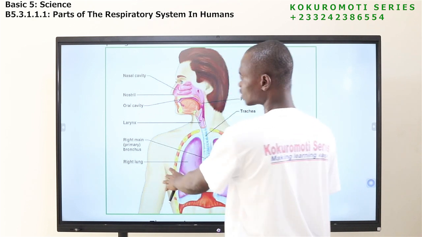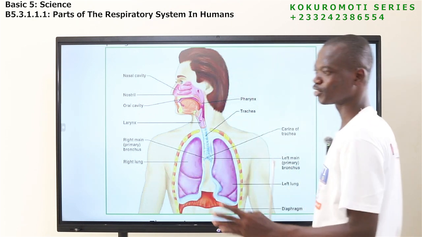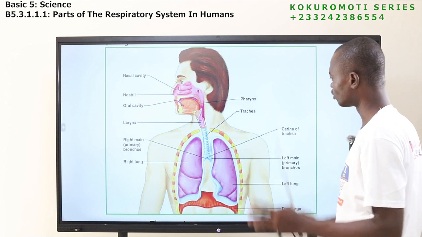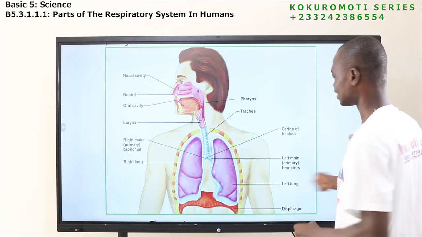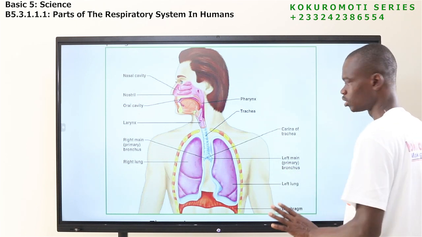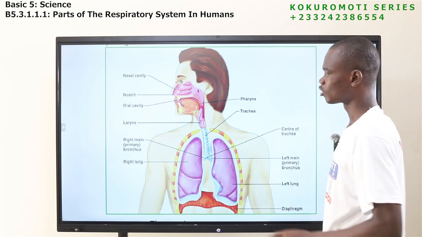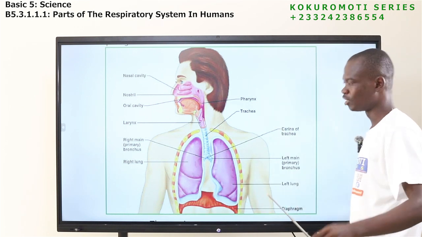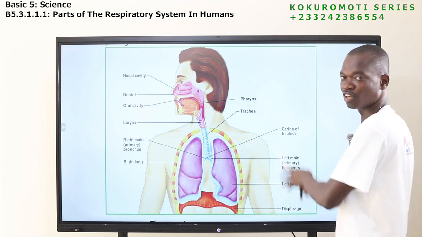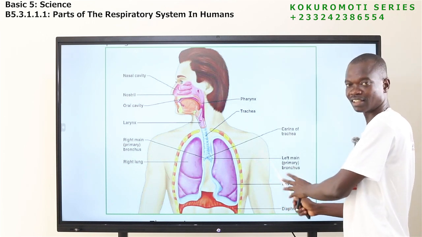If you look at it from your own perspective, you say this side is the right side. No, this is not the right side. The right side is this. Don't look at it from your angle. Look at it from the position of the person in the picture.